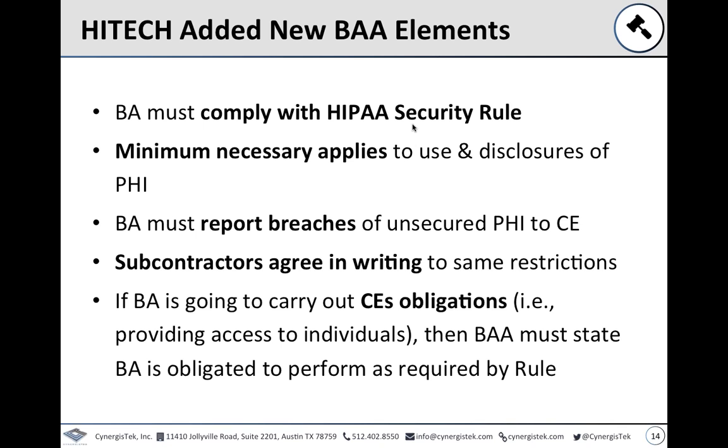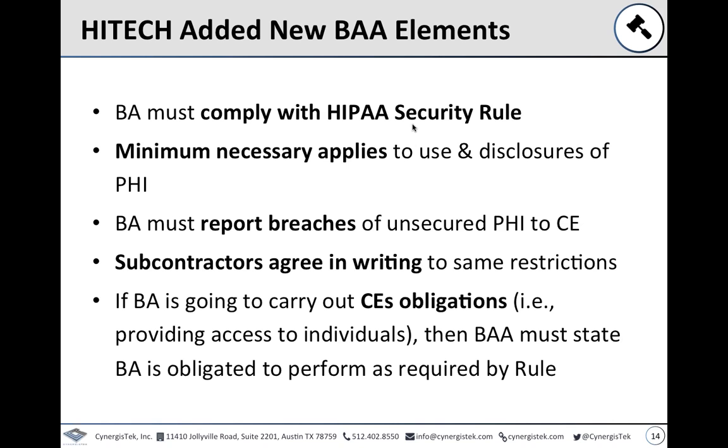And one important thing to remember is that the uses and disclosures that the vendor or contractor can take can't be broader than the uses and disclosures that are granted by the covered entity.